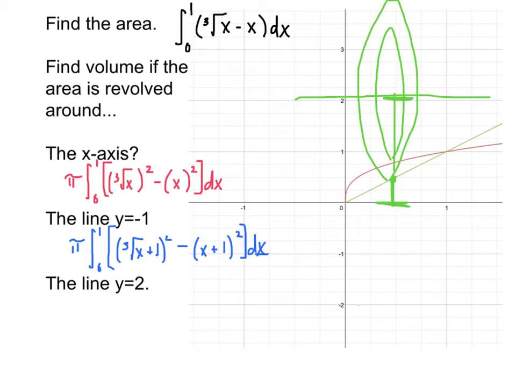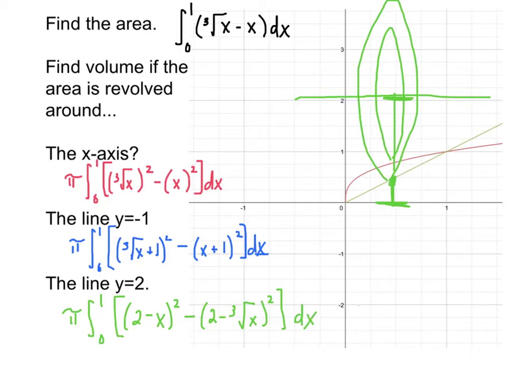Now you'll notice the big radius is given by the linear function. So when I integrate from 0 to 1, I'm going to do 2 minus x squared. That's my big radius. It's 2 minus the function. And my little radius is 2 minus the cube root of x, squared, like that.